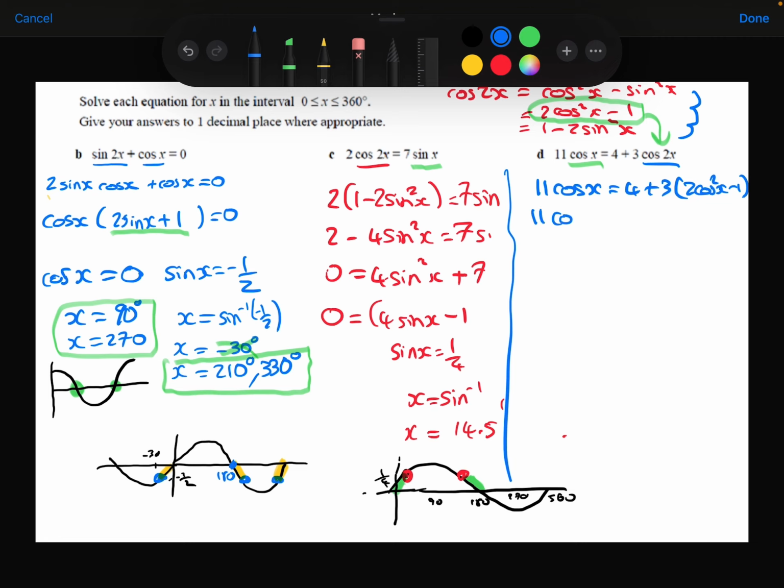Expand the brackets. Put everything onto one side and collect up like terms. We will now solve that.